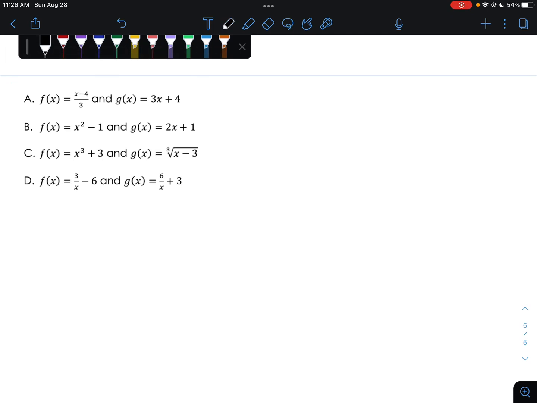So if I'm starting with A, okay, I'm going to start with f of x equals (x minus 4) over 3. Okay, I'm going to change f of x to y.